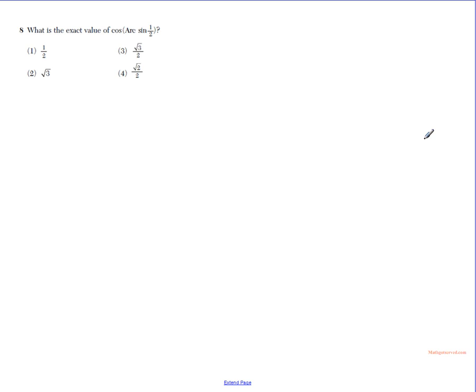It says, what is the exact value of cosine of arc sine of 1/2? Whenever you're dealing with 1/2, or root 3 over 2, functions like this, these ones are derived from the special triangle.